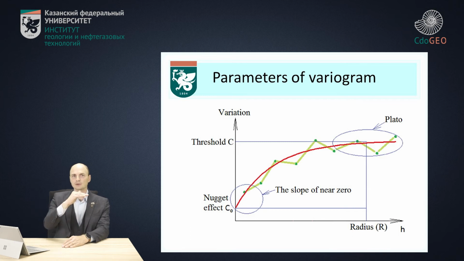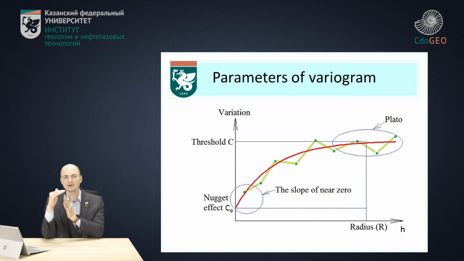When our theoretical variogram reaches a certain plateau, we can find at this distance the value of the range, or variogram radius. What does the range mean? Actually, range means the influence radius of the well.